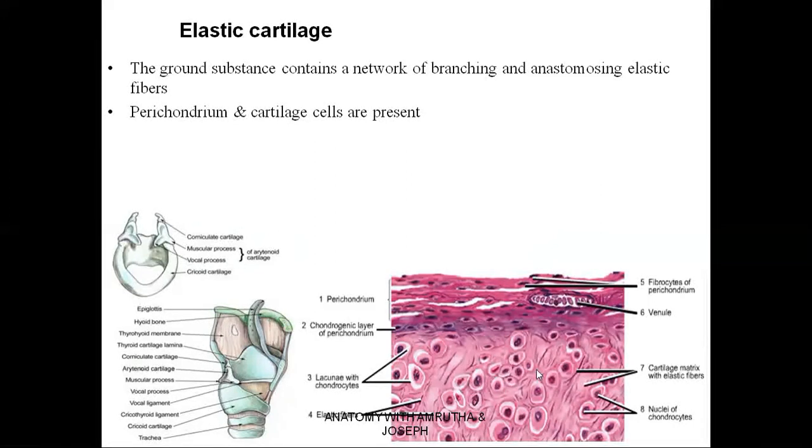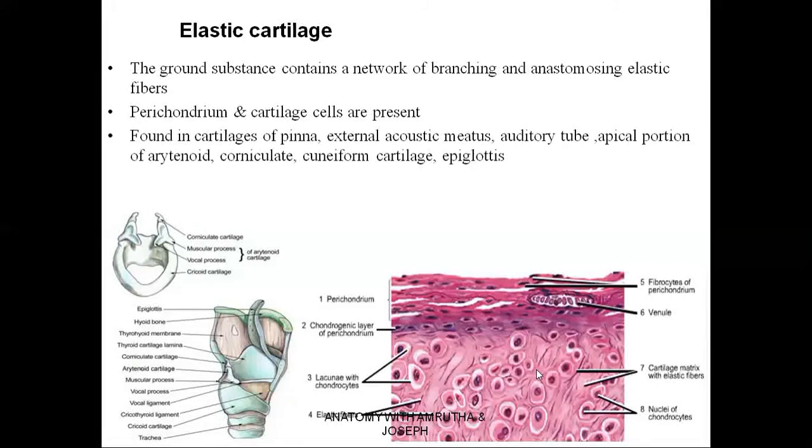Size of the cell is quite bigger, and they are found in the ear, pinna, external acoustic meatus, auditory tube, apical portion of arytenoid, corniculate cartilage, cuneiform cartilage, and epiglottis are examples of elastic cartilages, whereas the basal part of arytenoid cartilage is hyaline type of cartilage.